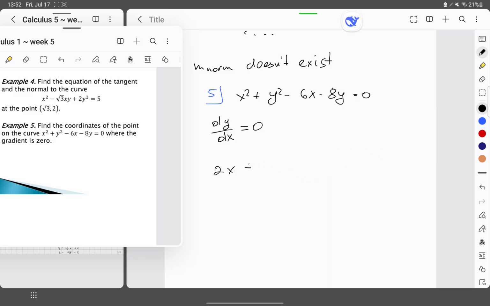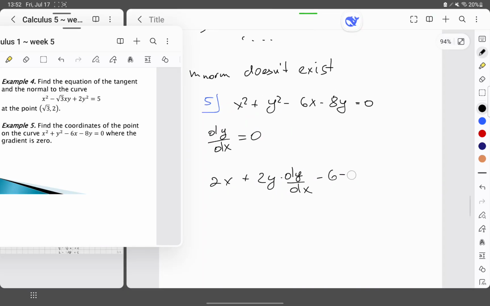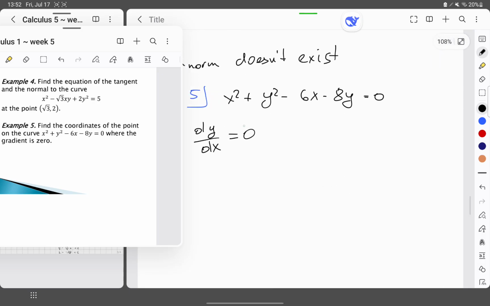The derivative of 6x is 6, and the derivative of 8y will be what? Oh my gosh, I get confused because I'm too fast. 2x plus 2y times dy over dx minus 6 minus 8 times dy over dx.